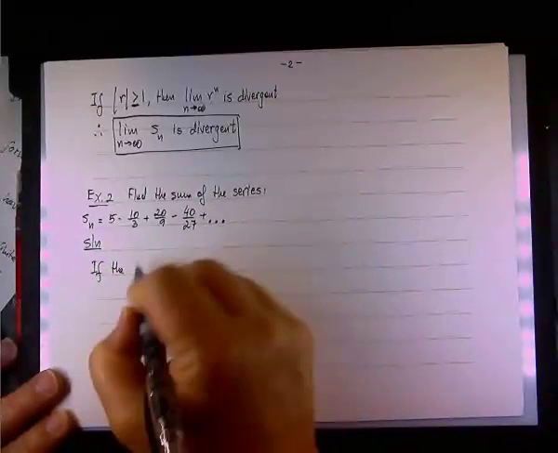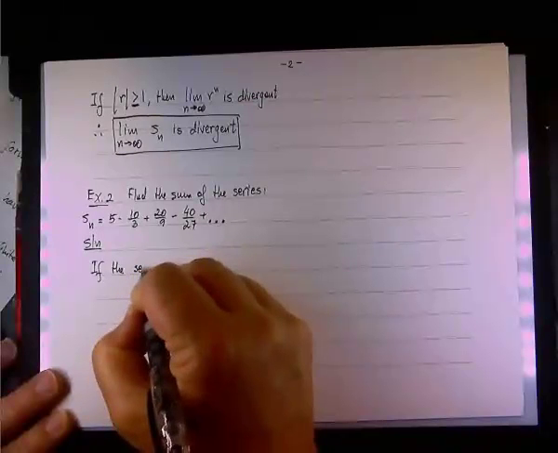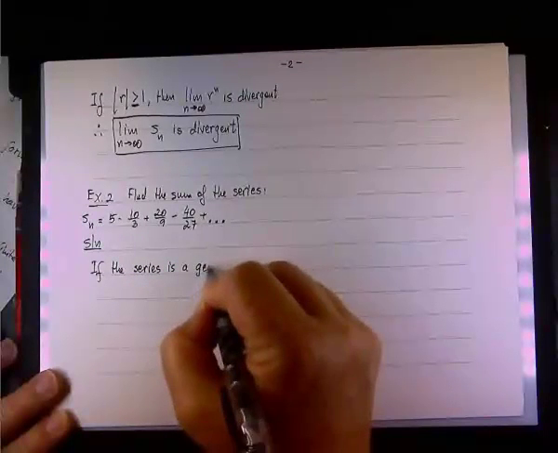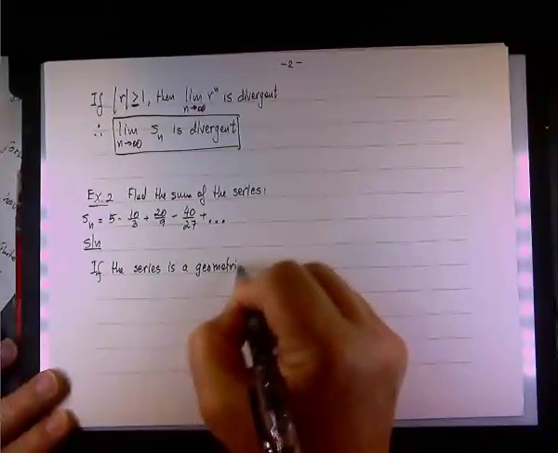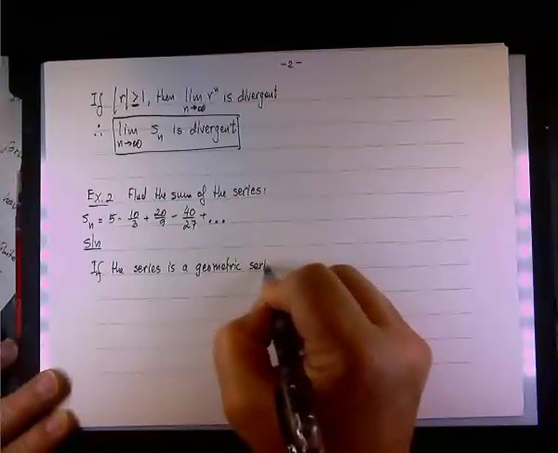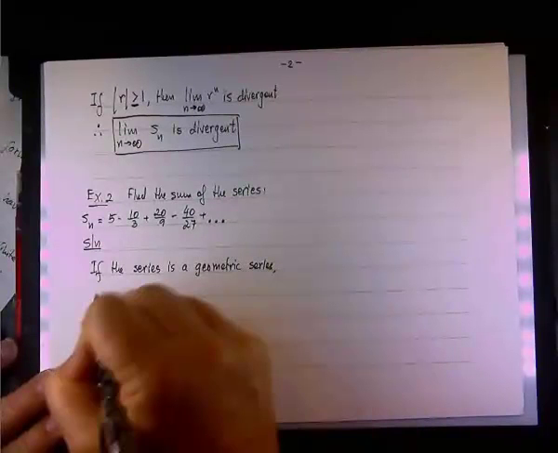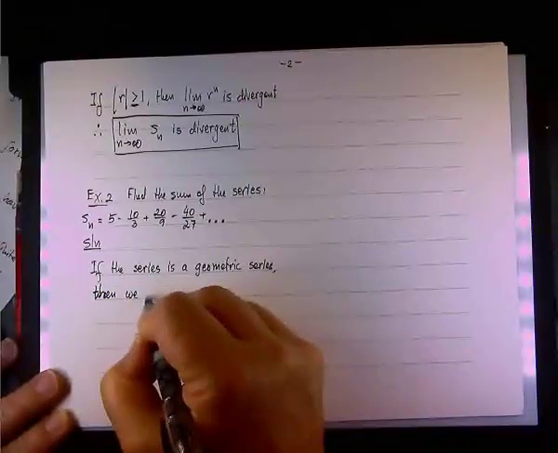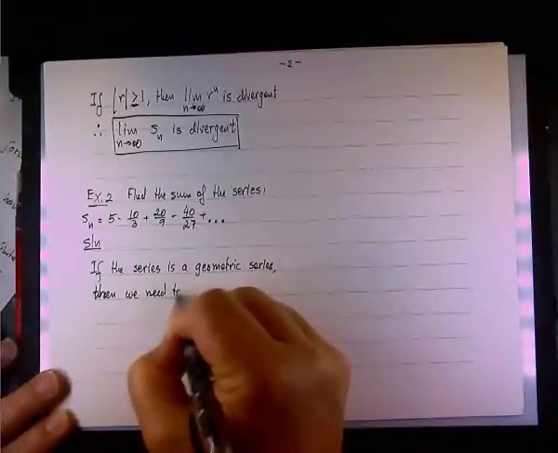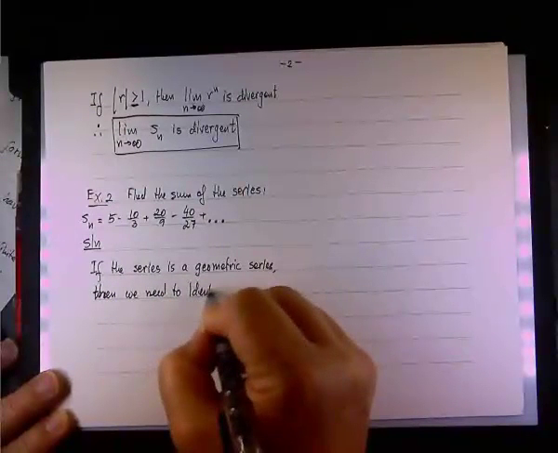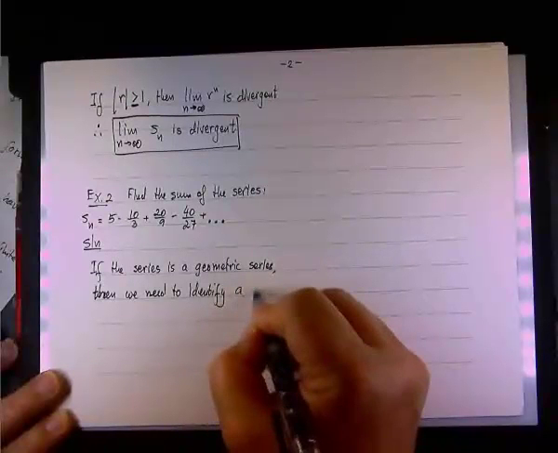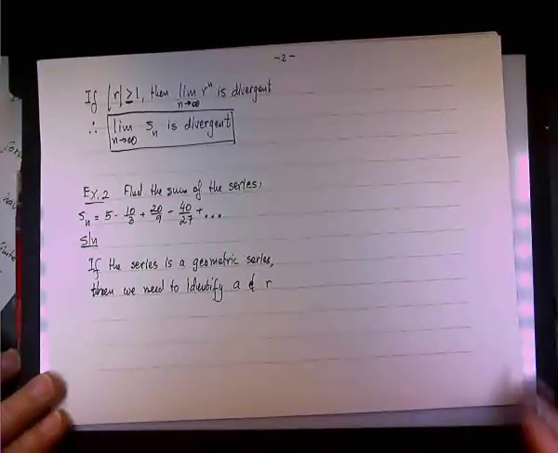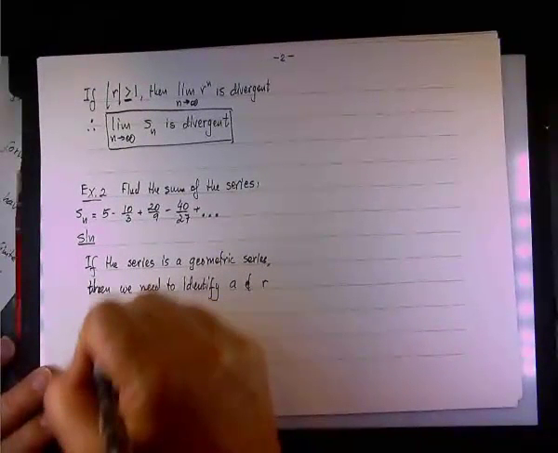So we're going to say that if the series is a geometric series, we need to identify A and R. Okay? So let's start with R. What is R?